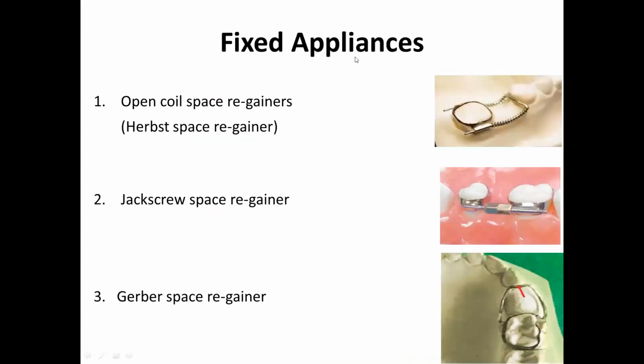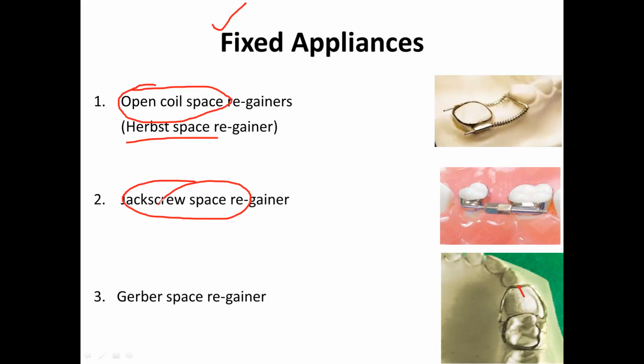The appliances which are used for distalization of the molar, number one, are fixed appliances. In fixed appliances, we have several appliances again. Number one is the open coil spring regainer or open coil space regainer. That is also called the hub space regainer. Another one is called the jack screw space regainer.